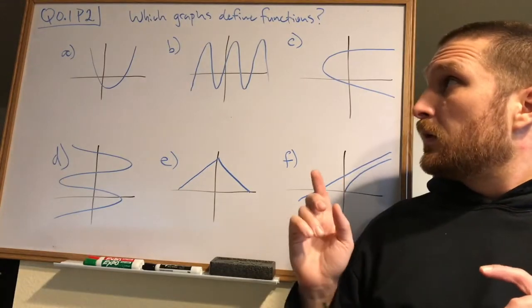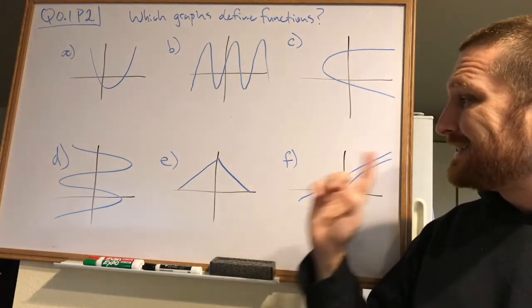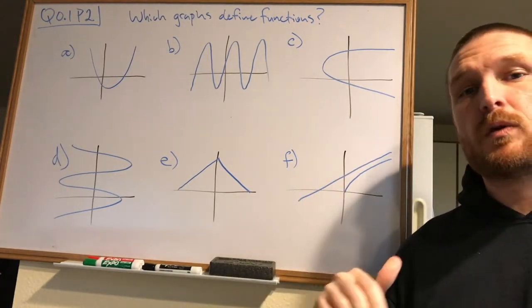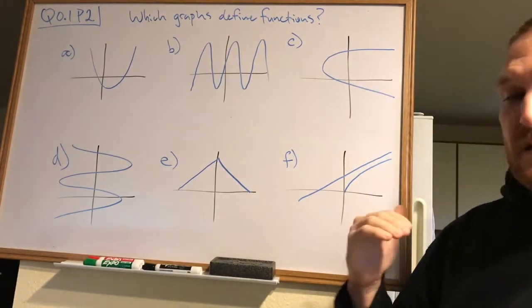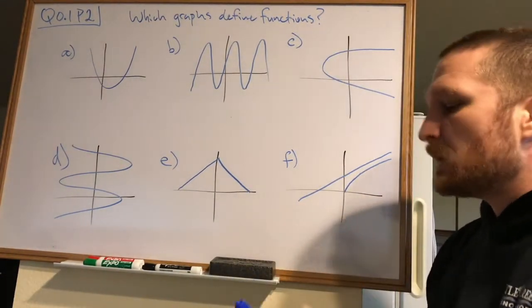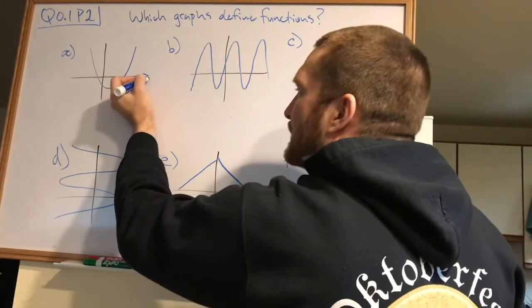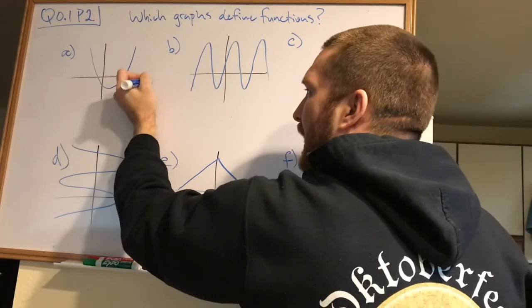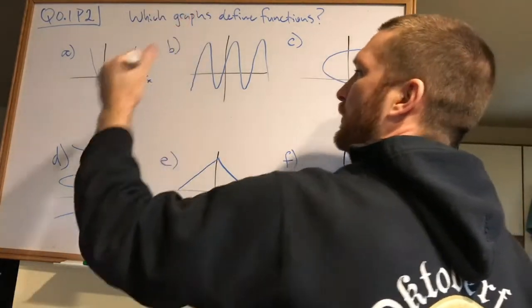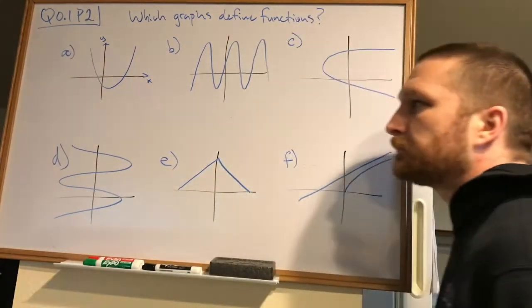Okay, quiz 0.1, problem 2. I've drawn 6 different graphs, and I ask you which ones of these define functions. And we understand that this is a relationship between inputs on the x-axis or the horizontal axis and outputs on the y-axis or the vertical axis.